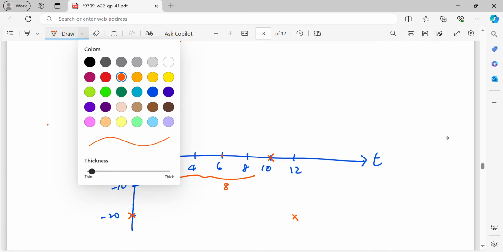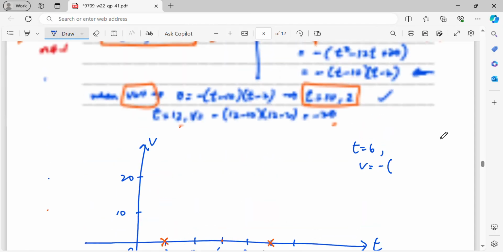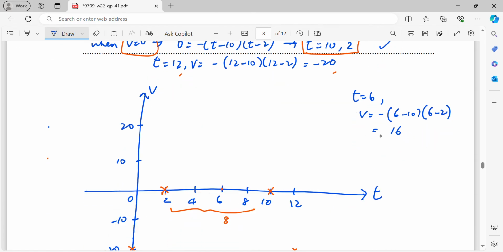So now I need to calculate what is my v. When t equals to 6, my v is negative of t minus 10, so 6 minus 10, and then 6 minus 2. So from here, you will be getting 16. Okay, so now I know that my velocity is at 16. So roughly sketch, probably here, this is my 16.